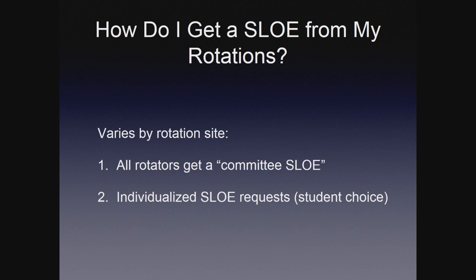When you make a request, especially to an individual letter writer, it's the same thing you're doing if you have a space for a fourth letter and you're going to ask your primary care longitudinal person who's known you for all four years of med school to write you a letter. You say to the person, would you feel comfortable writing me a letter of support?